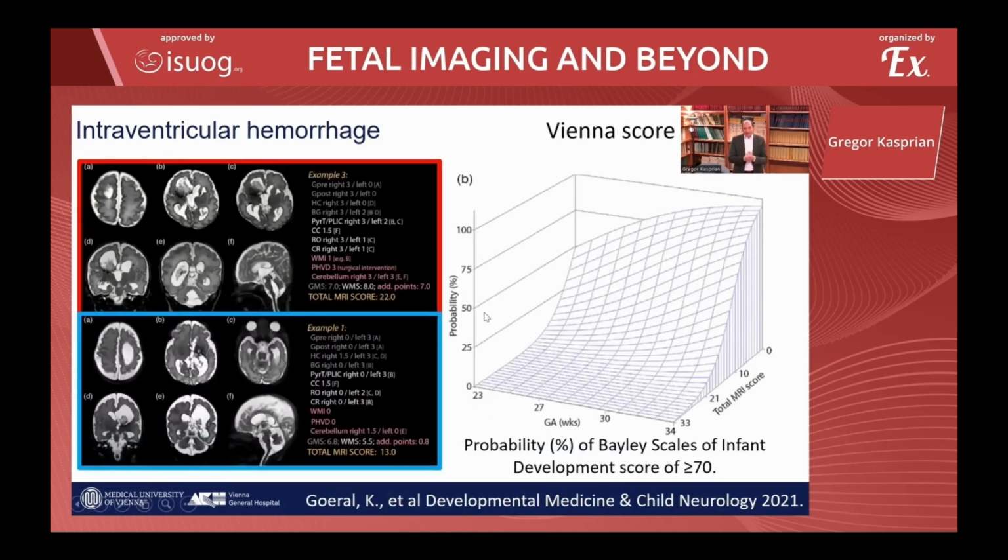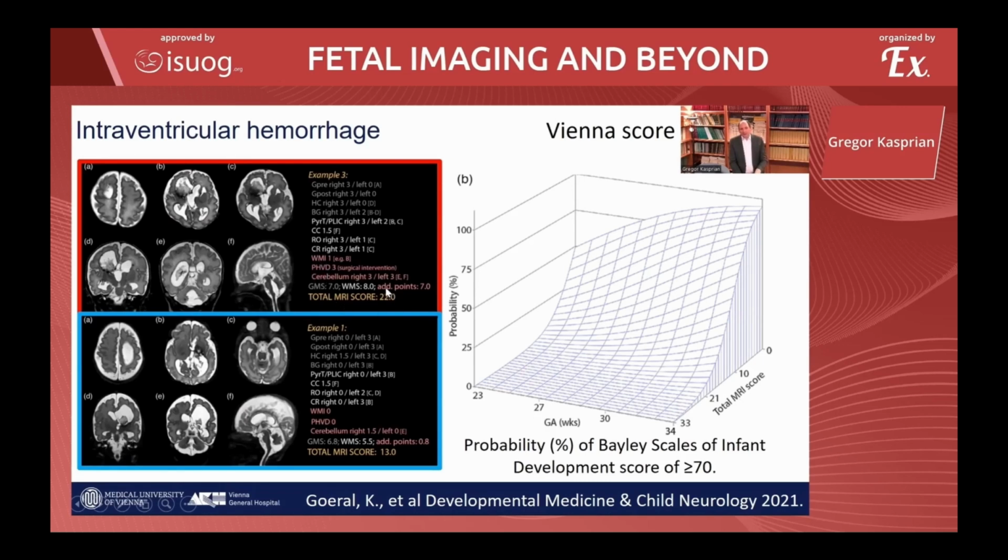This is a very, very modern way to classify brain hemorrhages in neonates. We applied that in preterm neonates together with the neonatologist. I show you just 2 cases, and you can see here there are many, many different features we have to score on, including the corticospinal tracts, the cerebellum, the white matter, and so on.